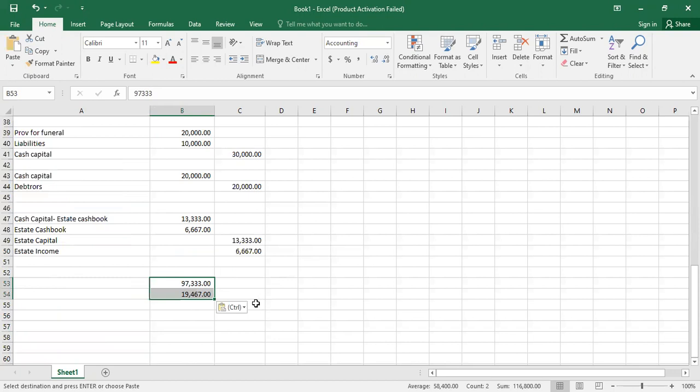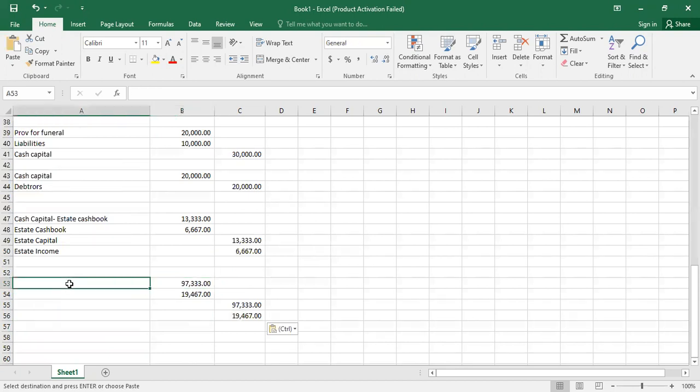Can also do it on this end, but this will grow. So I'll be talking of my share capital, which was 24,52,800 plus now the 97,333.